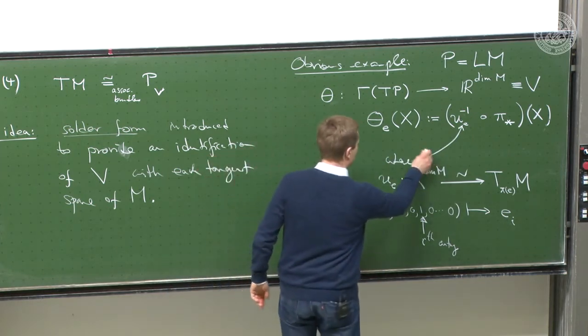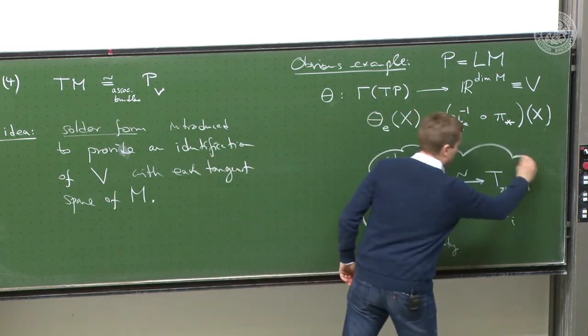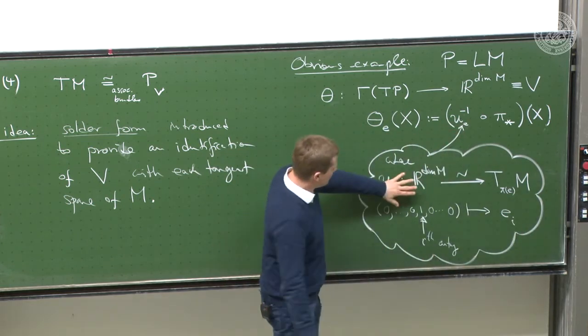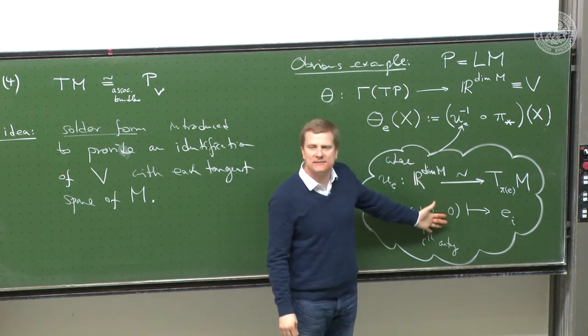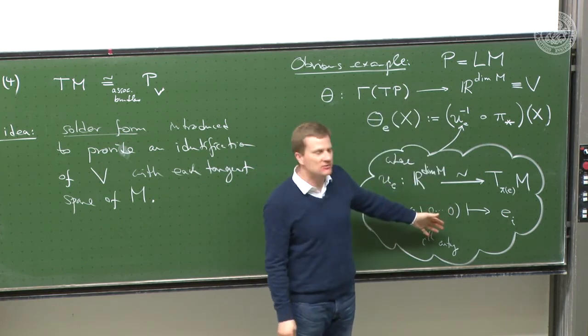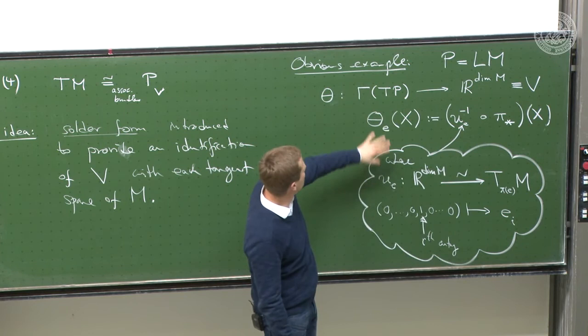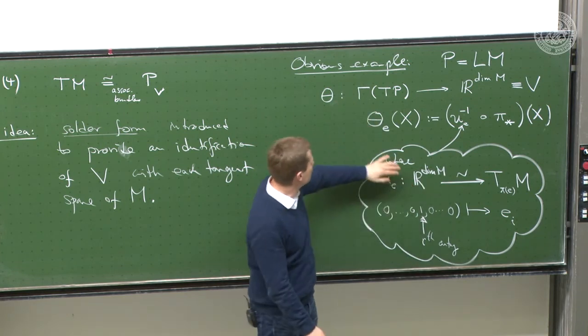So there's a little catch. Well, it's clear that this is canonically there, right? If I have a frame, I can write this down. So I didn't introduce any extra structure.